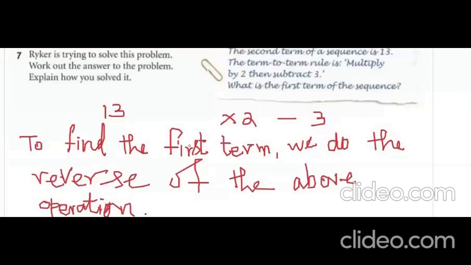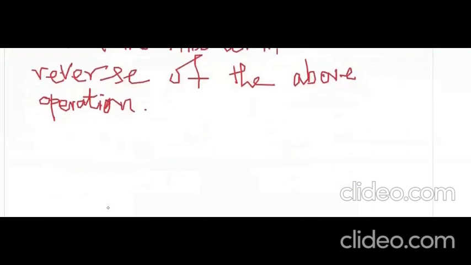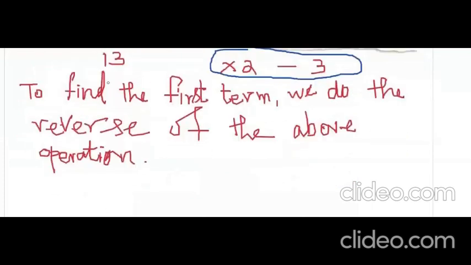They have mentioned that first they multiply by 2 and then subtract 3. So we go to the reverse. What we need to do is, we are going to add 3 first with 13.